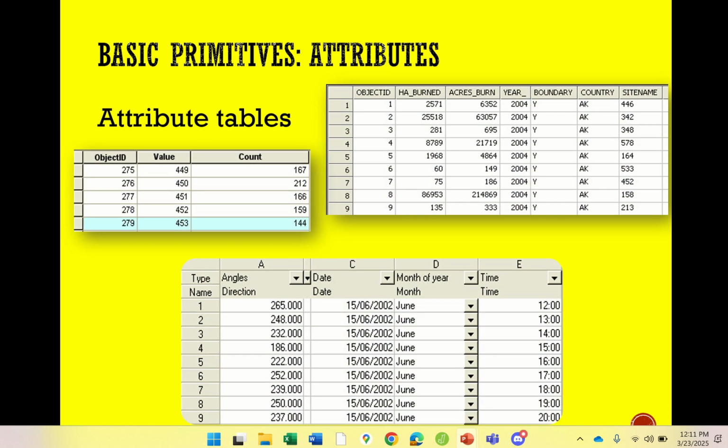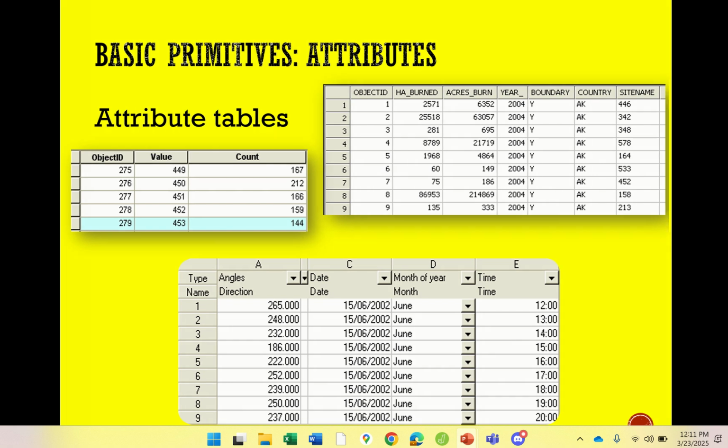So if you're using a GIS program like ArcGIS, you can open the attribute table where it'll tell you the value of all the attributes that are associated with a certain spatial location. So these are basically usually put together in terms of tables.